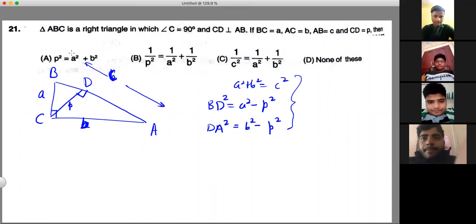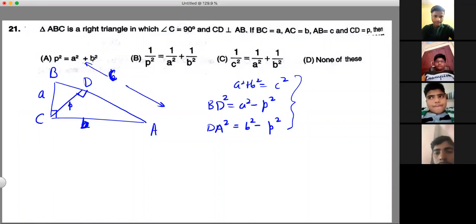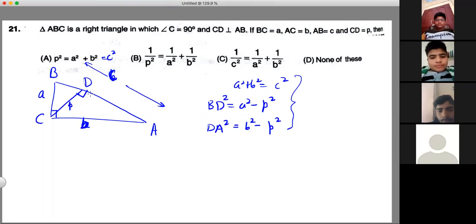Okay, so let's start checking all of these, because coming to one of the forms directly is kind of difficult. Let's look at this: p square cannot be equal to c square.